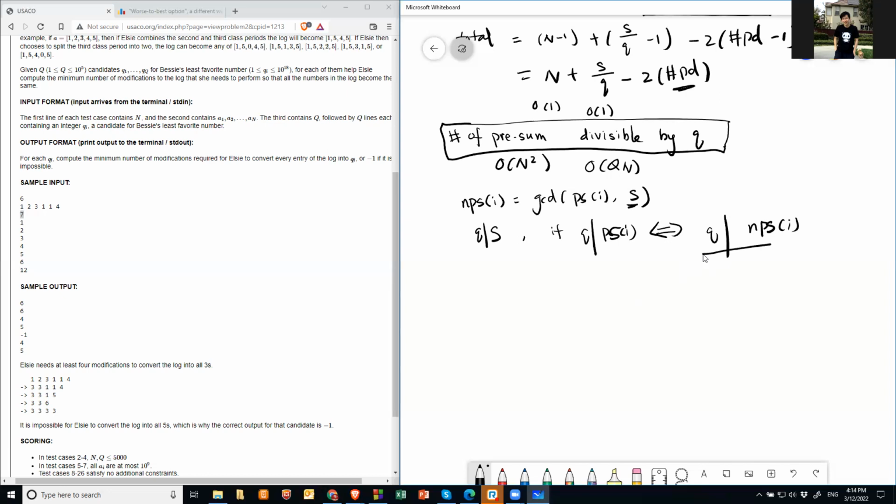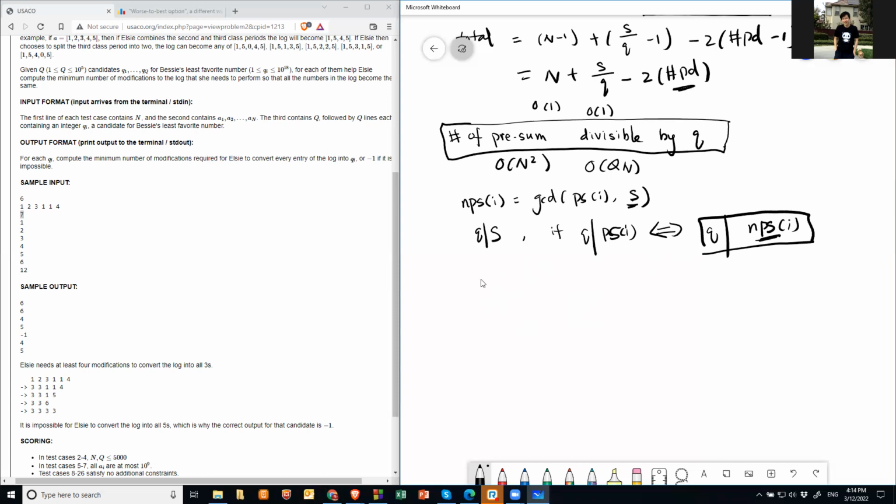So we only need to look at this. The reason I want to do this is I want to make this number less than S. So my question is the number of new pre-sums, which are the GCD of pre-sum and S, that are divisible by Q. Then if I want to make this less than S, I can just factor this out.